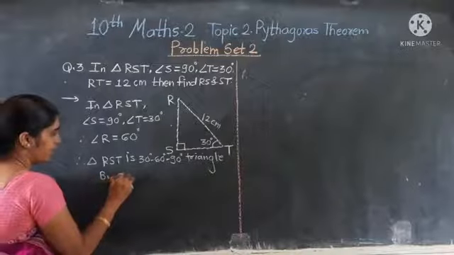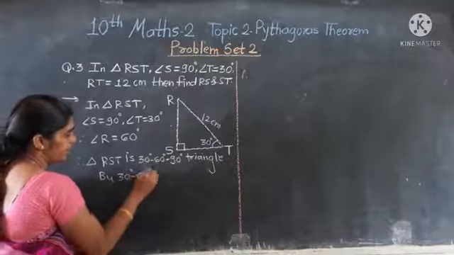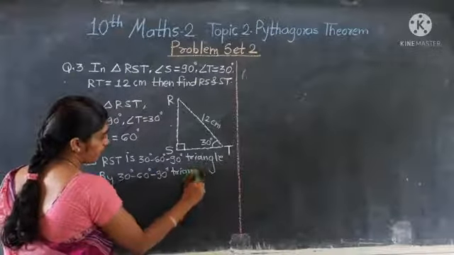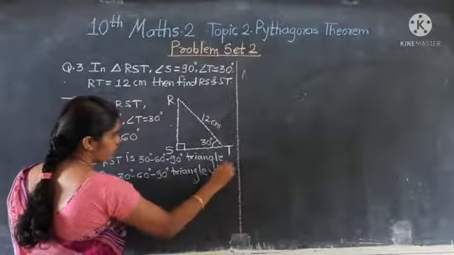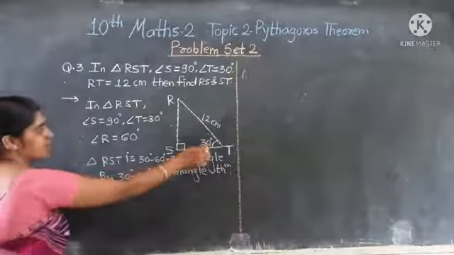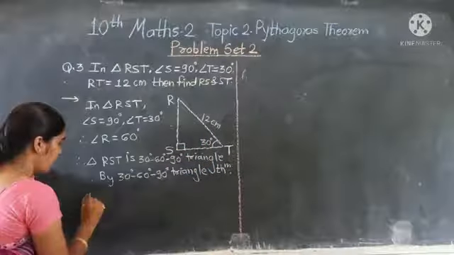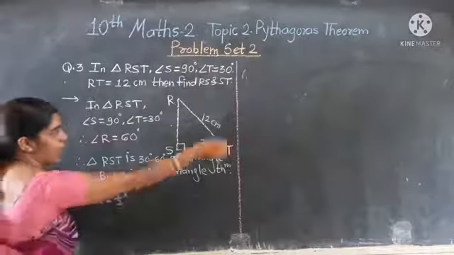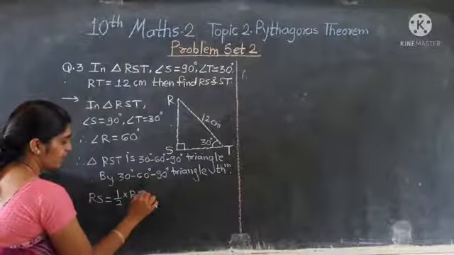Therefore, by the 30 degree, 60 degree, 90 degree triangle theorem, we can write, see, the side opposite to 30 degrees is RS. RS is equal to half into hypotenuse, which is RT.